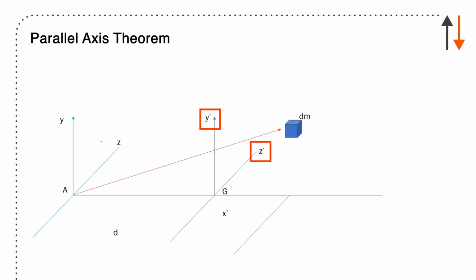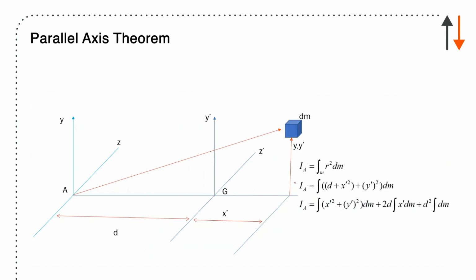Y and z are two axes that cross over at that origin. X is moving through the origin at A and through what's eventually going to be the center of mass. So the distance to that body is given by d plus x prime in the i direction, and y prime in the j direction.